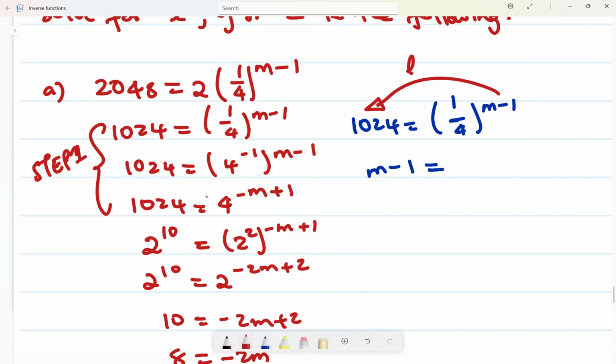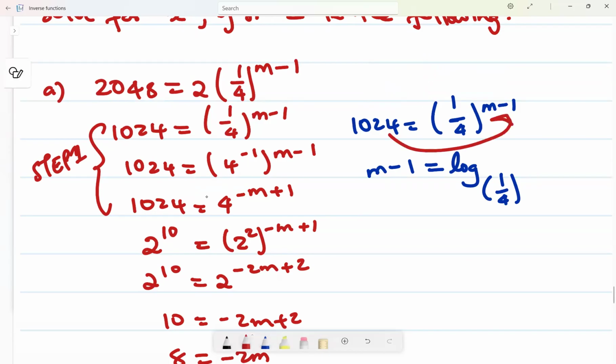But remember, I do not just drop that one. Immediately when I drop that one, I need to introduce log. Log of whatever we have here: 1 divided by 4 to the power of what? Then you say m minus 1 is equal to, on your calculator, log. Your calculator is going to give you a small box and a bracket.